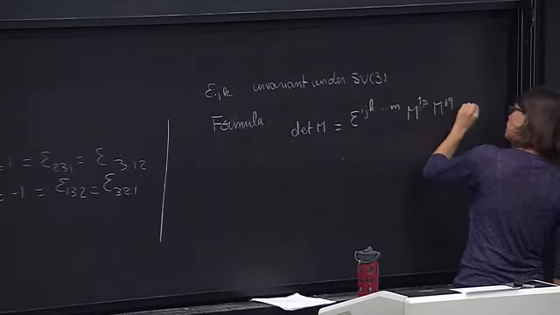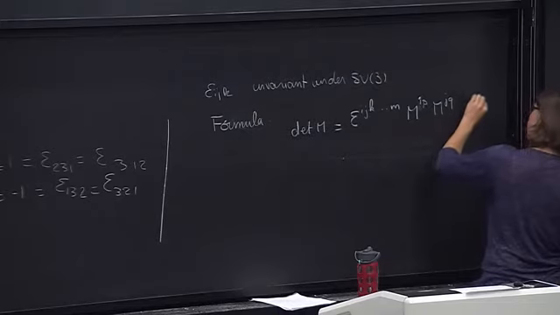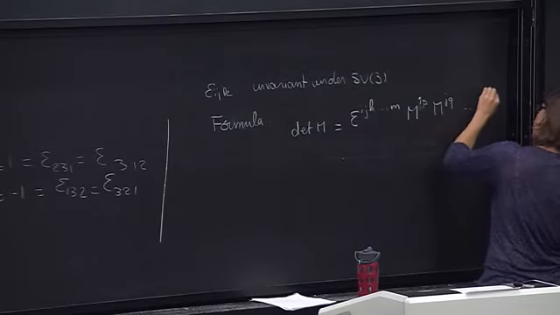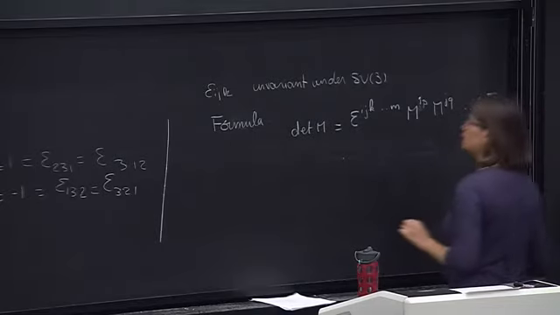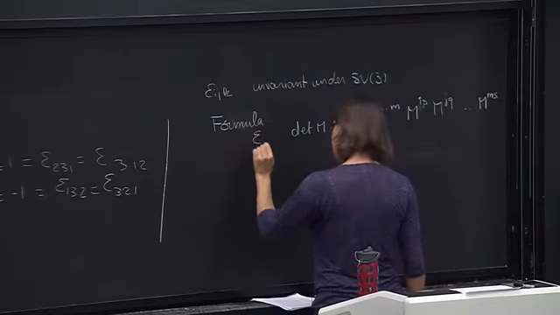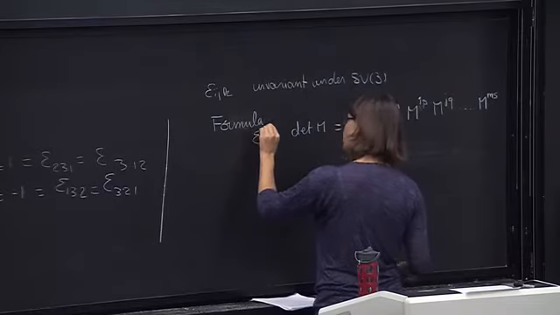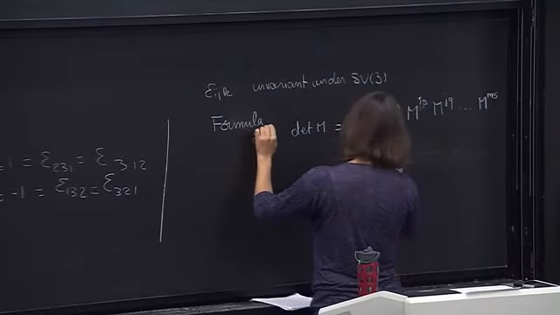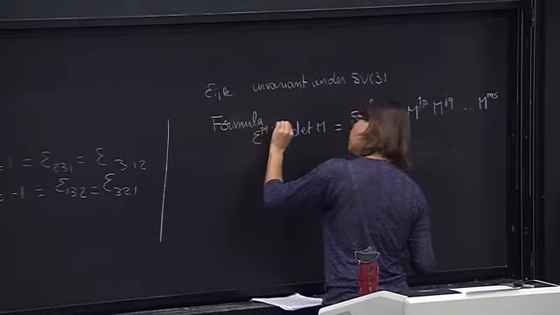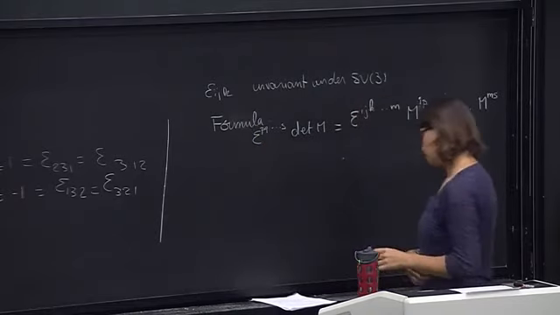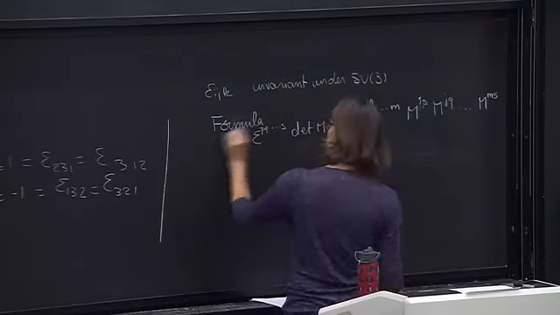M with index JQ, and then M, and I'm finishing with, let's say, S. And here I need another epsilon. So I need these indices, P, Q, and the last one is S. So this is the expression of the determinant.